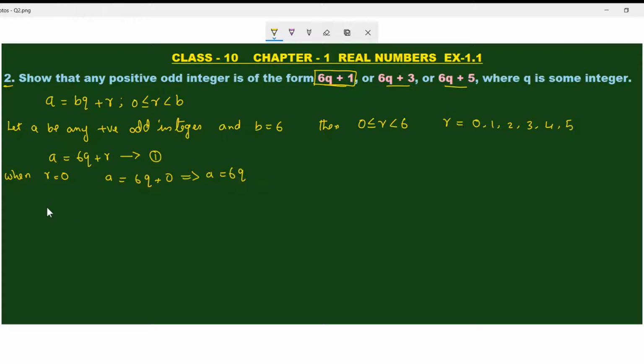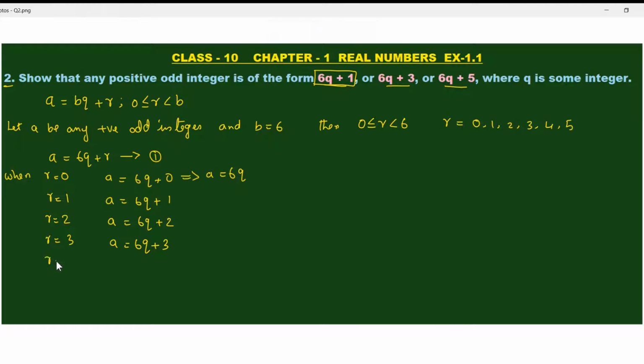Got it? Next, when R is equal to 1, what is our equation? 6q plus 1. So this is our second equation. When R is equal to 2, A is equal to 6q plus 2. When R is equal to 3, A is equal to 6q plus 3.